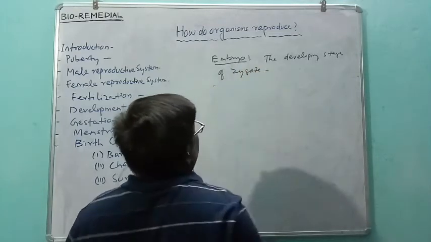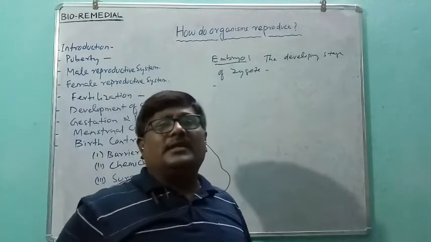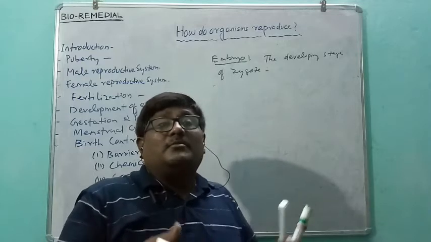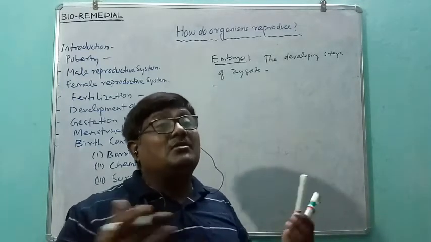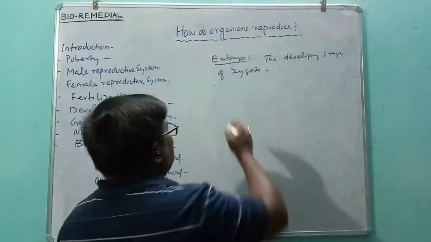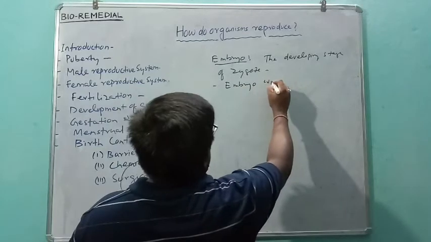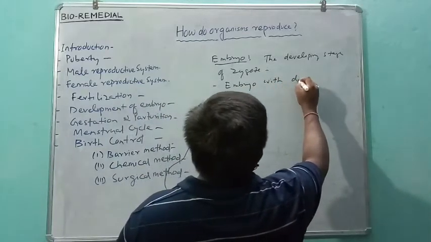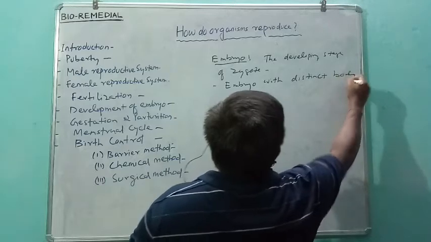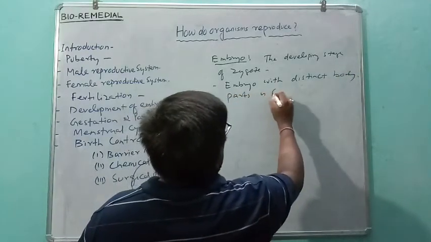Then the embryo will also develop further, and when the embryo develops all the body parts, clear body parts, we can call it a fetus. That means an embryo with all distinct body parts is called a fetus.